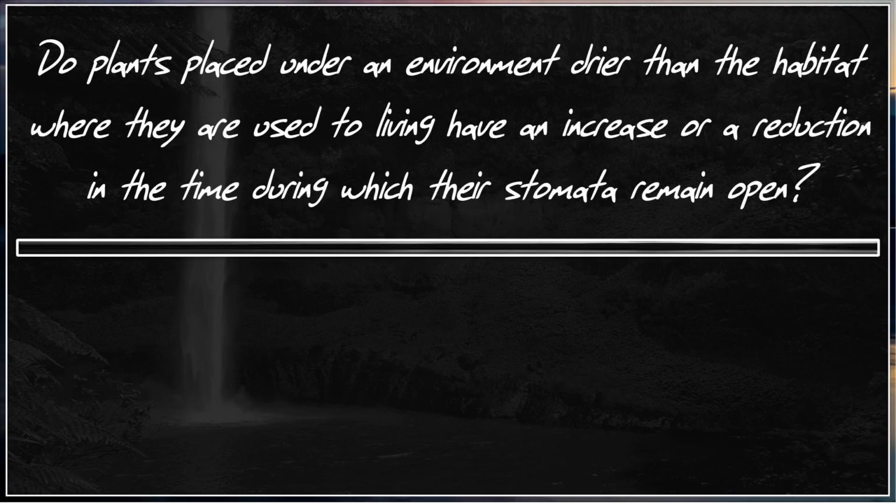Do plants placed in an environment drier than the habitat where they are used to living have an increase or reduction in the time during which their stomata remain open?